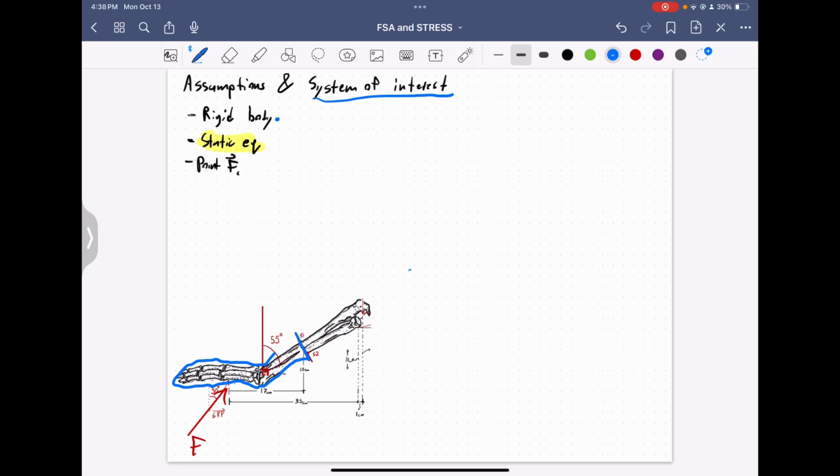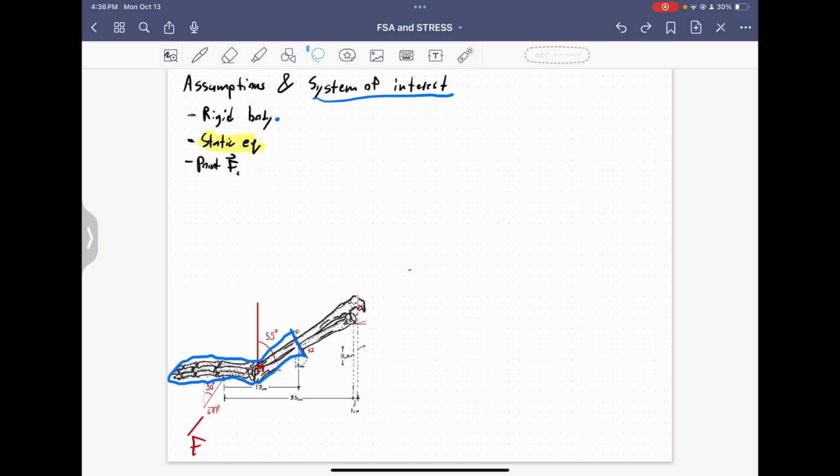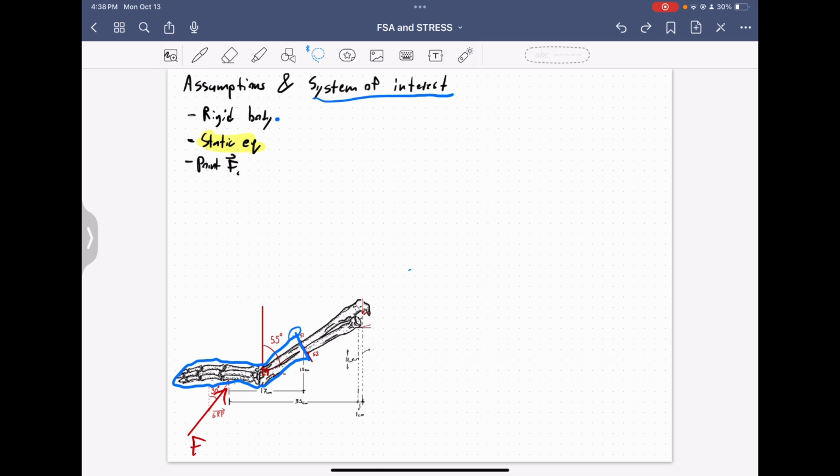If we make this our system of interest and we cut it halfway through the bone, it's going to be hard to grab this. Yeah, we're going to move the image. We know that this section of the bone, this green section, is not breaking off from this yellow section.